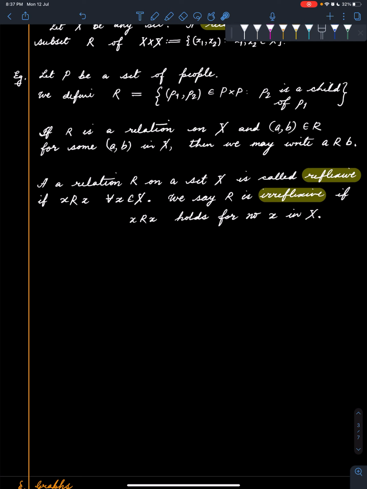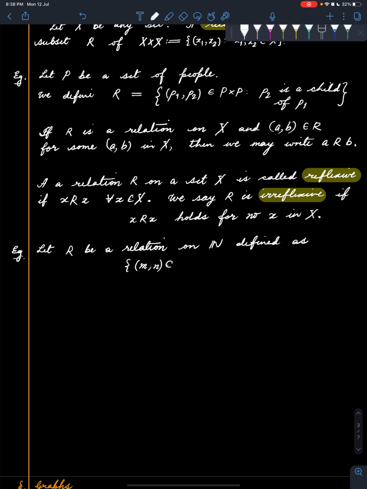Let me give you an example of a reflexive relation. So this is an example of a reflexive relation. Let R be a relation on N defined as those pairs of natural numbers such that m divides n.